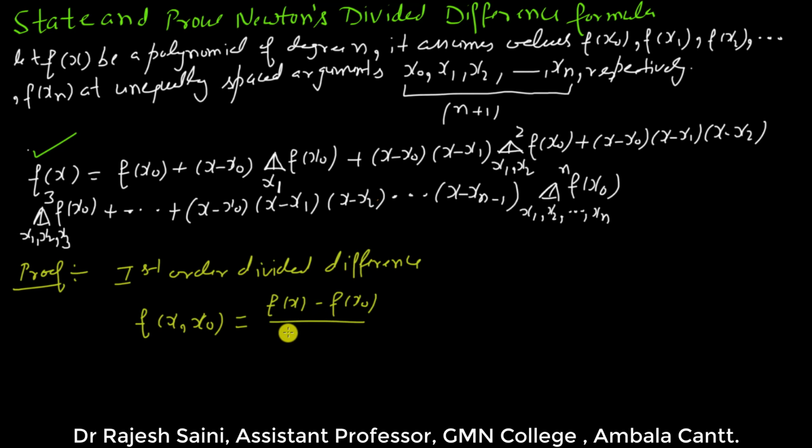The difference can be taken between the initial and final point, or you could also write it the other way. It is up to you. I have already told you this. So for the time being I am going to remove it from here. This is the first order divided difference, so I am going to multiply it over here.